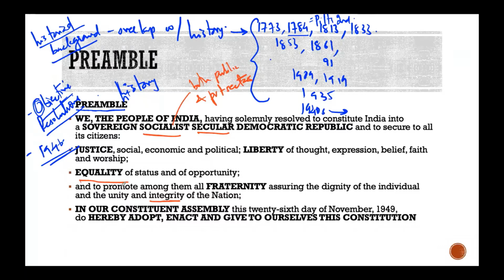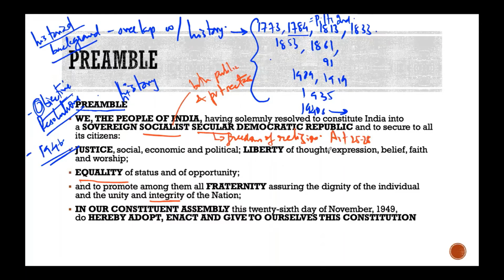That's good. Okay, so what is secular? In secular, you know that we have fundamental rights that provide freedom of religion, and freedom of religion comes under Articles 25 to 28.